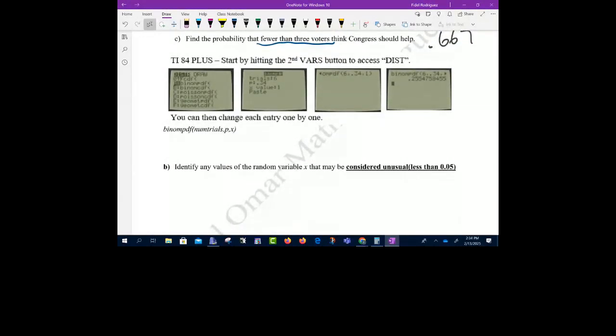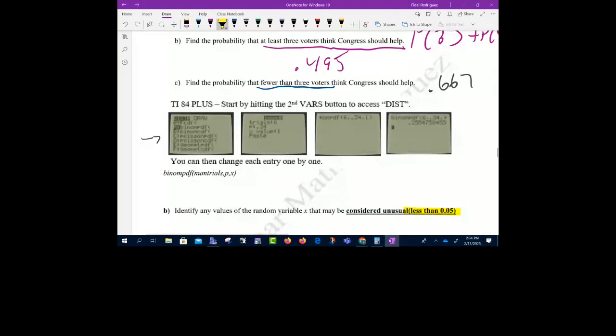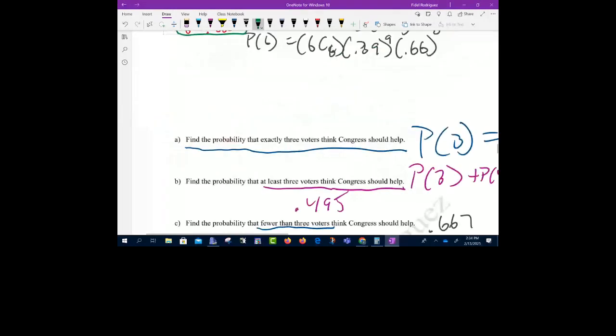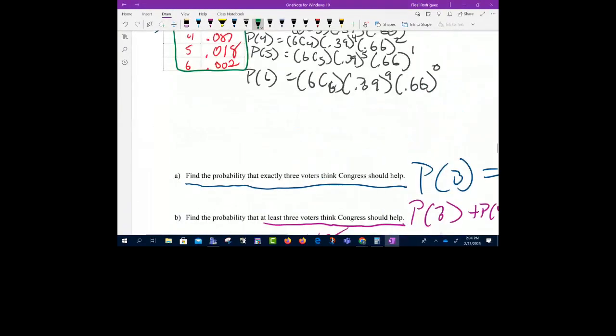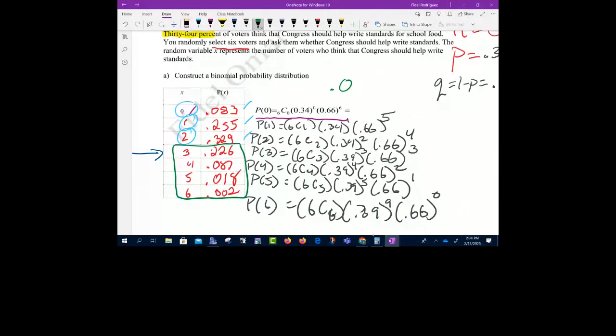And then they're asking us right here, y'all, and I'll show you how to do this kind of stuff in a second, it's asking us to identify the random variable X that may be considered unusual. Unusual, y'all, just means that my probability is smaller than 0.05. So if I were to come back over here, are there any numbers in my list that are smaller than 0.05?